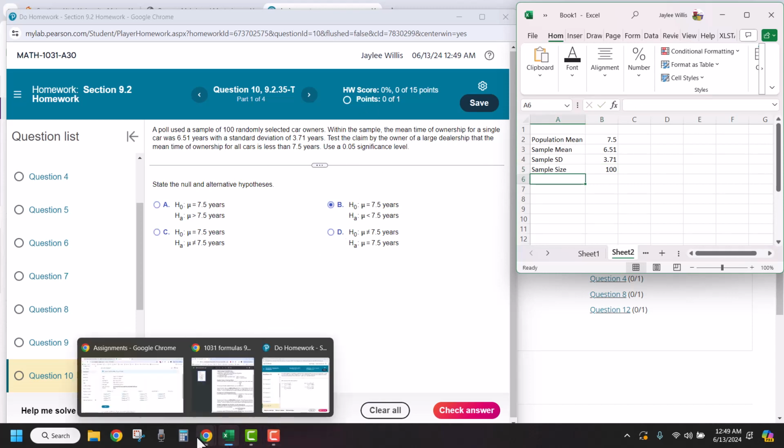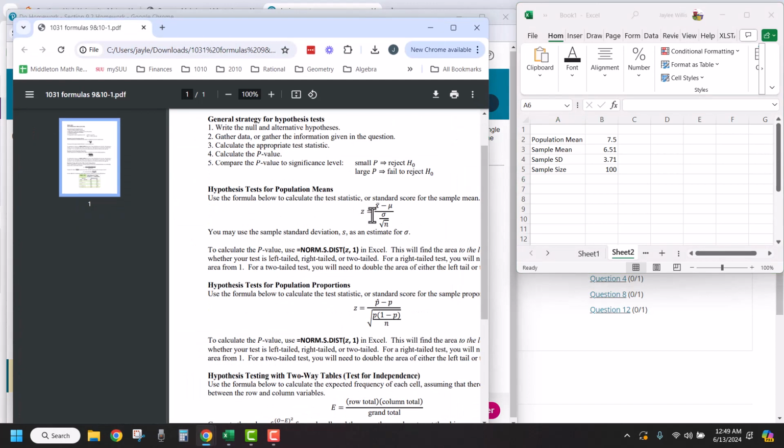And if we look at our formula sheet, the way that we calculate the z-score is we take the sample mean, subtract the population mean, and divide that by the sample standard deviation divided by the square root of the sample size. So in this case, remember to put parentheses around each set of calculations you're doing.